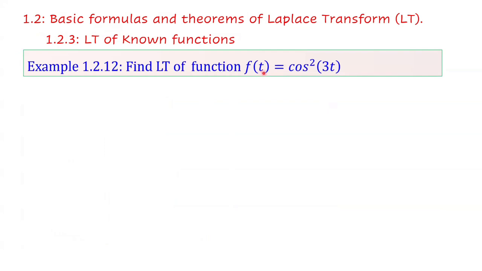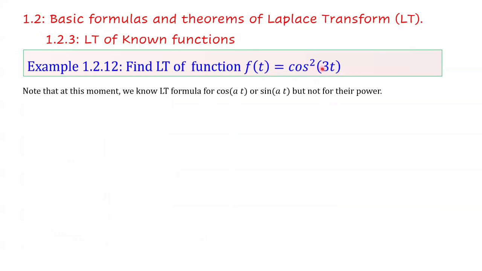How do we solve f of t equal to cosine square 3t? We have the results for cosine 3t and sine 3t, not cosine square 3t. So how can we solve it here? To convert this power into cosine at form, let's see how it will go.